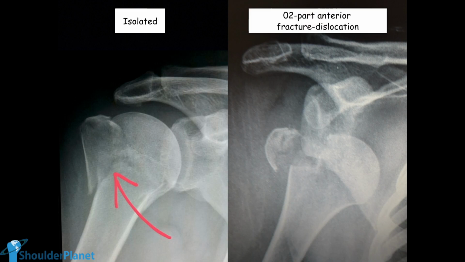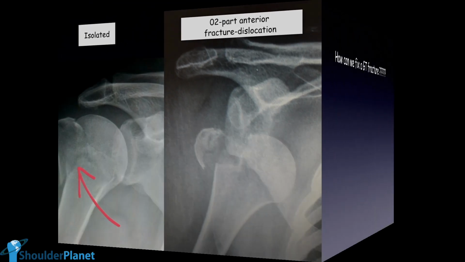So they can be isolated or maybe associated with an anterior shoulder dislocation, which is called a two-part anterior fracture dislocation, which in the acute setting must, of course, be reduced.